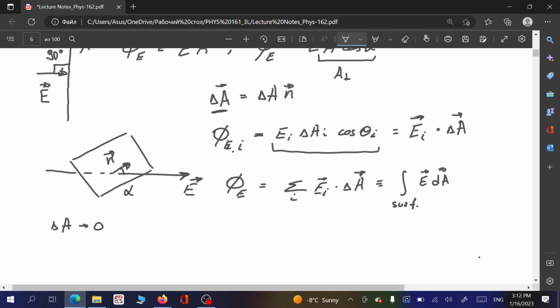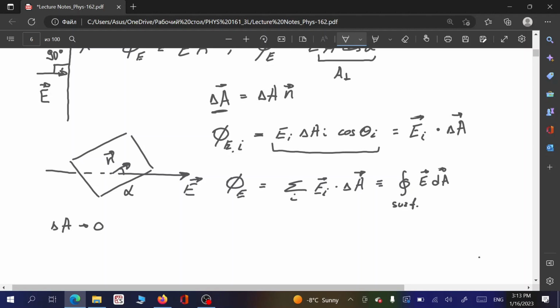So if we want to determine electric field flux over a closed surface, we need to integrate this. We show this surface integral as over a closed surface. So that's important because that's actually the goal, the key feature of Gauss' law to eventually find electric field fluxes through closed surfaces.